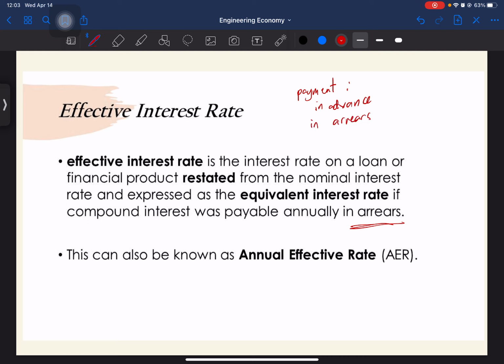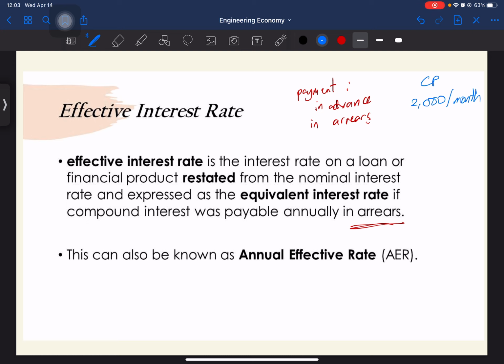Let's say sa cellphone na lang. Let's say yung cellphone mo ay hinuhulugan mo for, let's say 2,000 a month. 2,000 per month. Ano yung ibig sabihin nung you pay in advance? When you pay in advance, you pay in the beginning of every month. Okay?